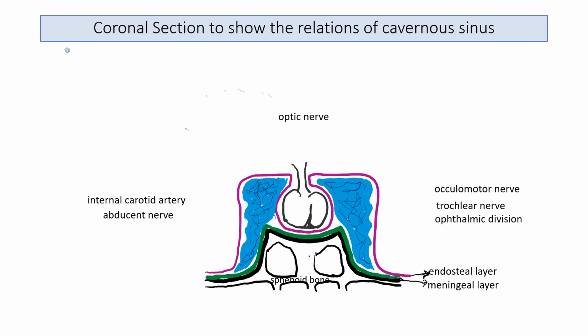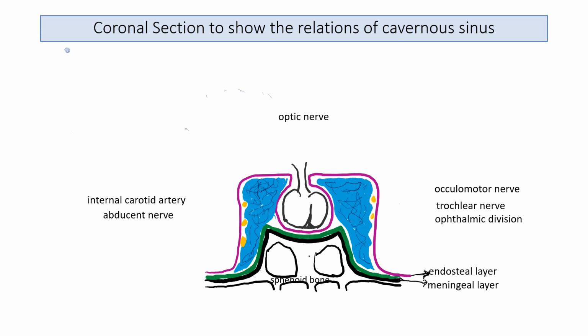So this would be the lateral wall of the cavernous sinus. Along the lateral wall, many cranial nerves are related. The first cranial nerve related over here is the oculomotor nerve, then the trochlear nerve, then we have the relation with the ophthalmic division of the trigeminal nerve. Similarly on this side also.